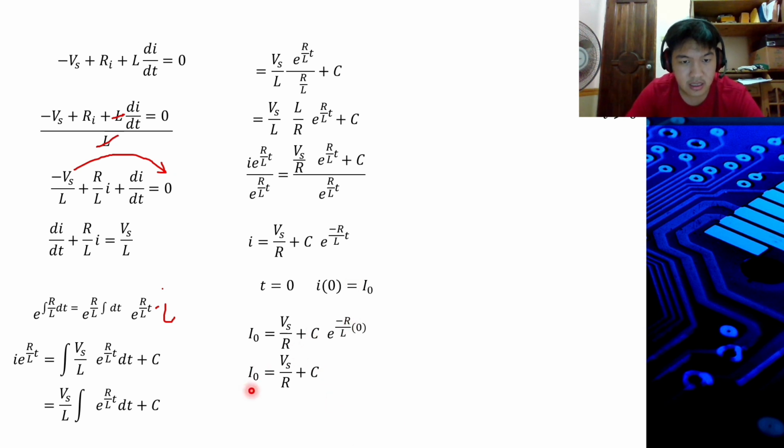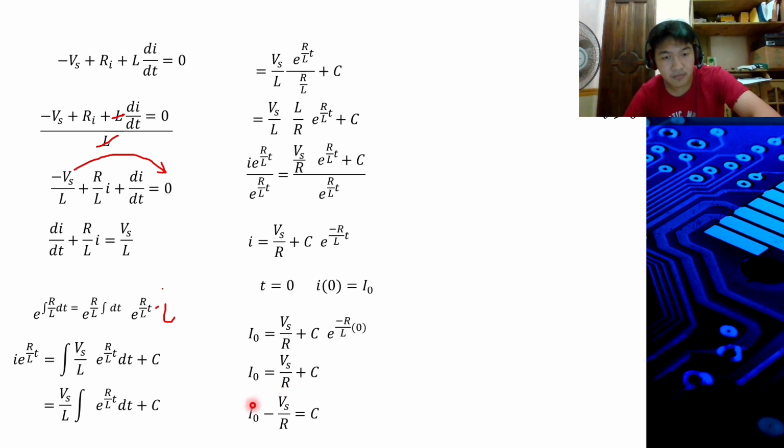So mabili na lang is I naught is equal to Vs over R plus C. Ang Vs over R transfer nato diri sa left side which is ganyan lang. So I naught minus Vs over R is equal to C.